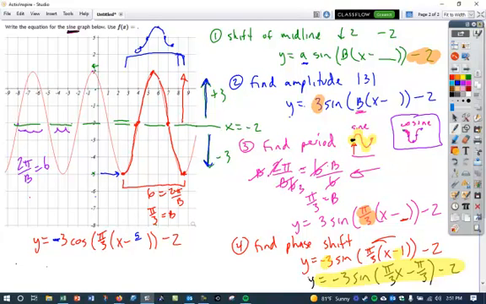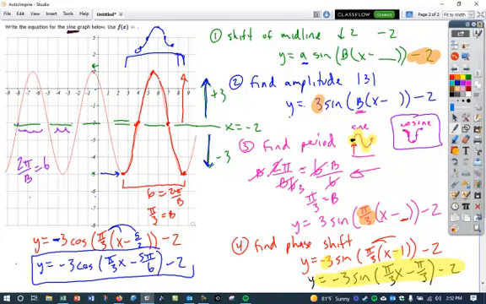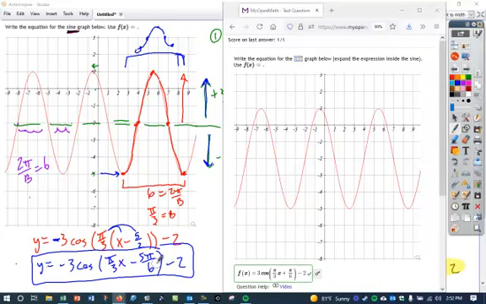Here 2.5 is 5 halves. So if I place 5 halves in there and write this equation, expanding my pi over 3, I get negative 3 cosine of, distributing the pi over 3 through, x minus 5 pi over 6, minus 2.